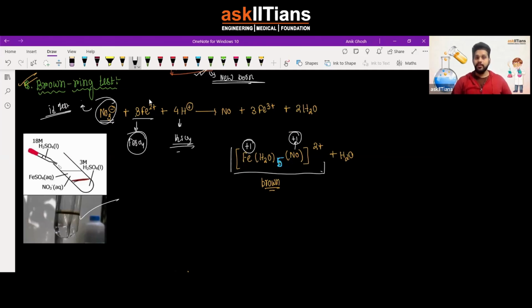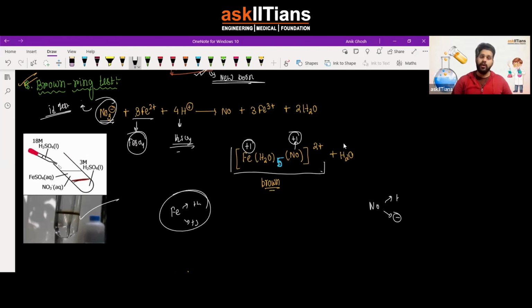This part is being very well discussed in the qualitative analysis classes, guys. Generally iron has only +2 or +3 oxidation state, but here NO is actually nitrosonium, NO+. NO can act in two types, NO+ and NO-. Here it is NO+. As a result, we get iron as +1.